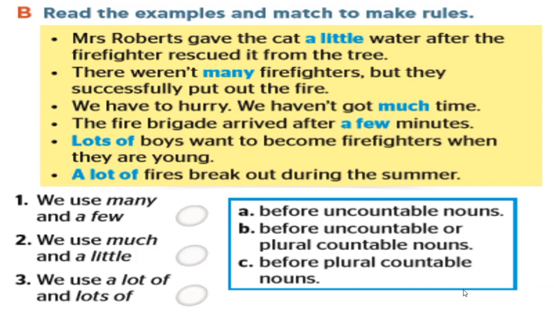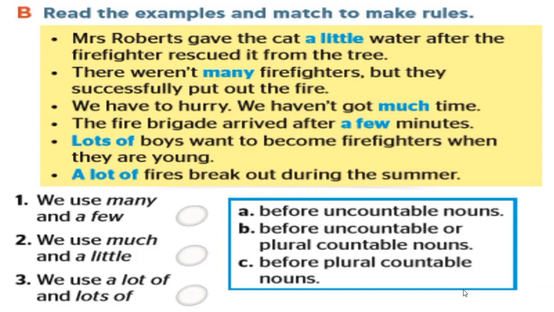There weren't many firefighters, but they successfully put out the fire. We have to hurry. We haven't got much time. The fire brigade arrived after a few minutes. Lots of boys want to become firefighters when they are young. A lot of fires break out during the summer.